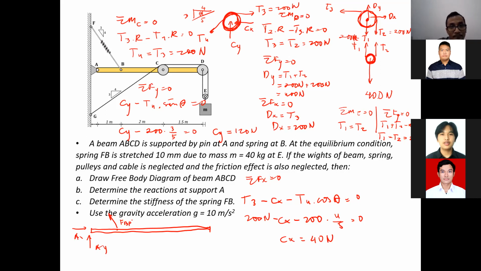At C, you draw Cx and Cy in the opposite direction: Cy going down, Cx going to the right. At D, you draw Dx and Dy, opposite of what we drew before: Dx to the left, Dy going down. So this is our final free body diagram.